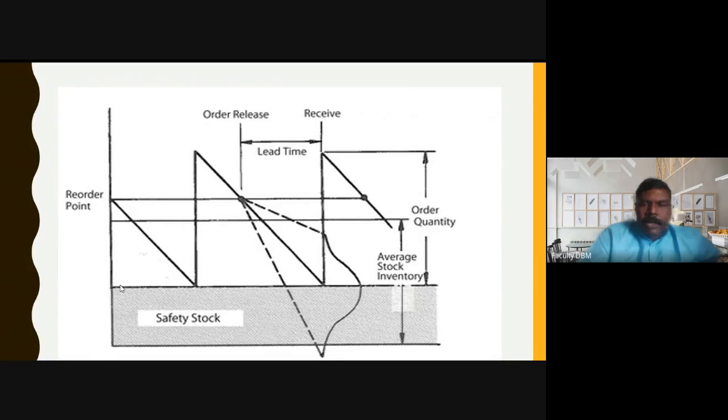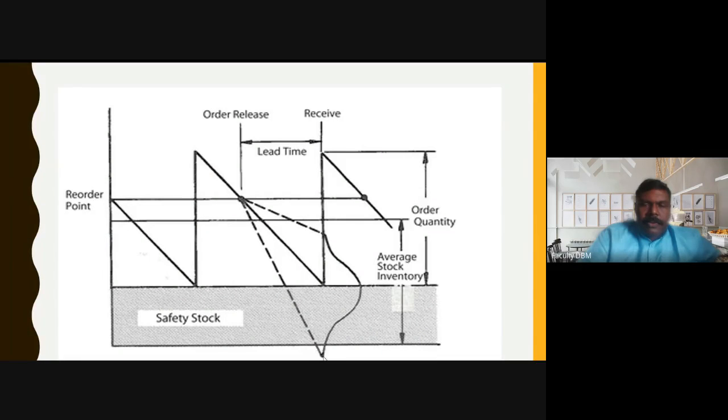And the level they have kept as safety stock is this bottom level. At the reorder level, they are going to reorder, and here the order will be released, and the lead time will be some 6 or 7 days. You can see the stock coming down.